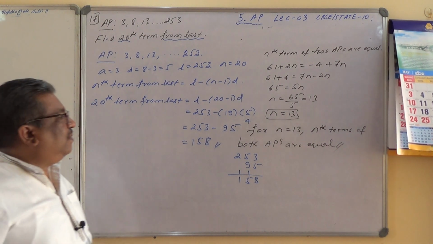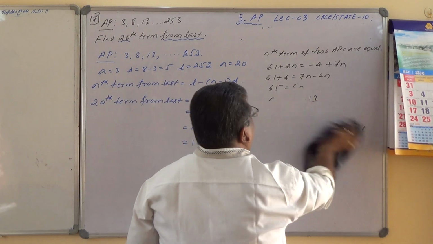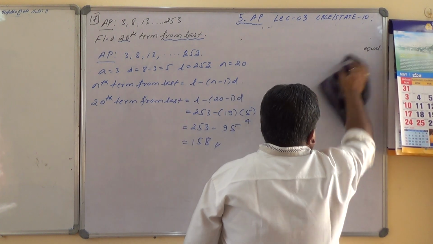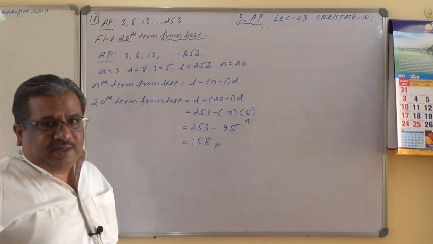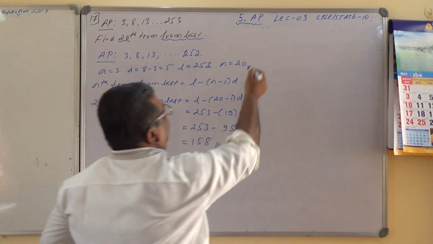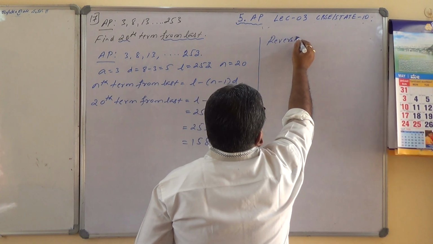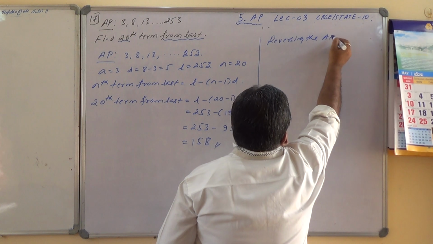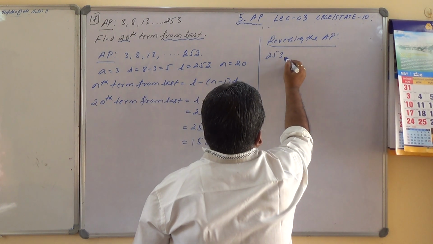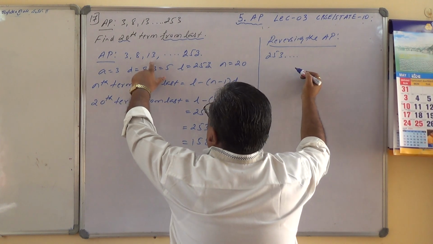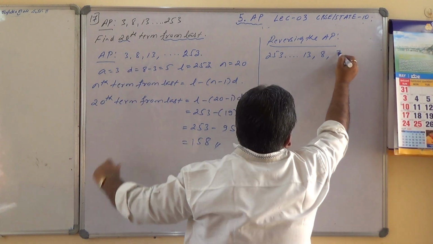Now let me use the reversing method. By reversing, what changes will happen and which formula we use, I will also explain. See dear students, do not use both methods. You stick to one method and master it, otherwise it is very confusing for you. So reversing the AP, what do we get here? 253, and so on; first comes 13, next comes 8, next comes 3.